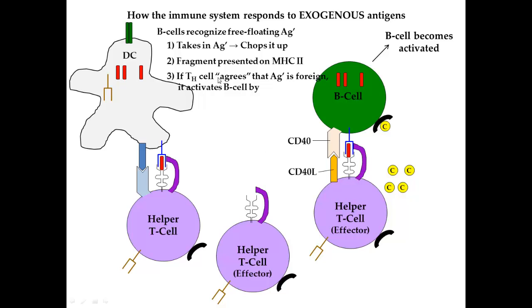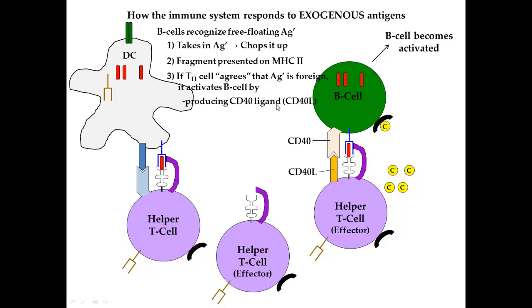If the helper T cell agrees that that antigen is foreign, then it'll activate that B cell by doing two things. The first is that it produces a CD40 ligand, or CD40L.